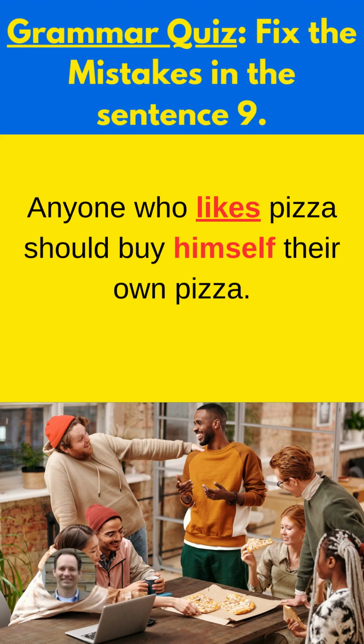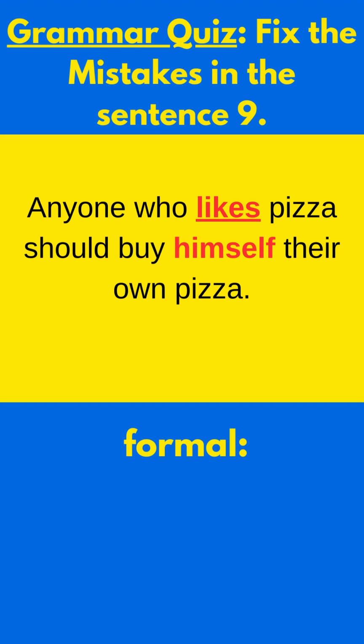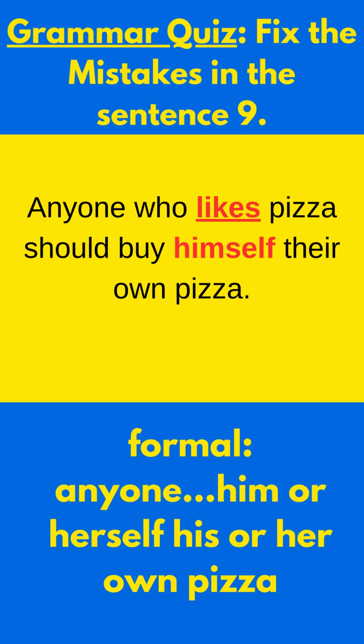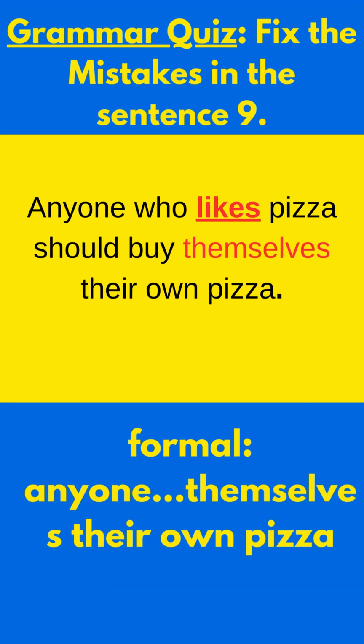So, two ways to fix it. The formal way would be anyone who likes pizza should buy him or herself his or her own pizza. Maybe that's right, but it sounds terrible. Most people would probably just make it they should buy themselves and just treat anyone like it's plural. So anyone who likes pizza should buy themselves their own pizza.